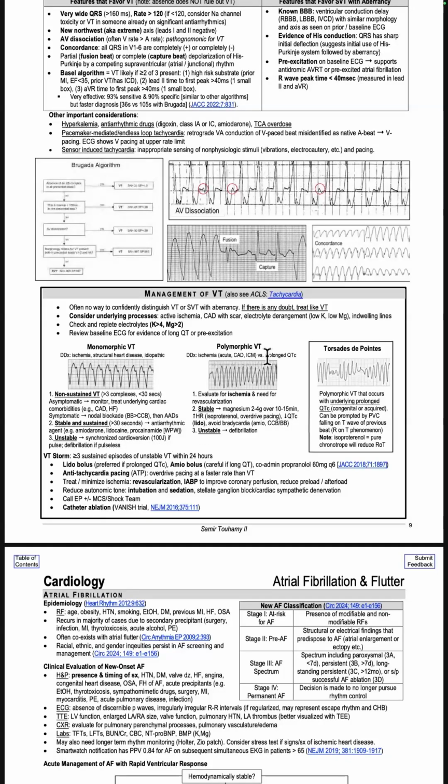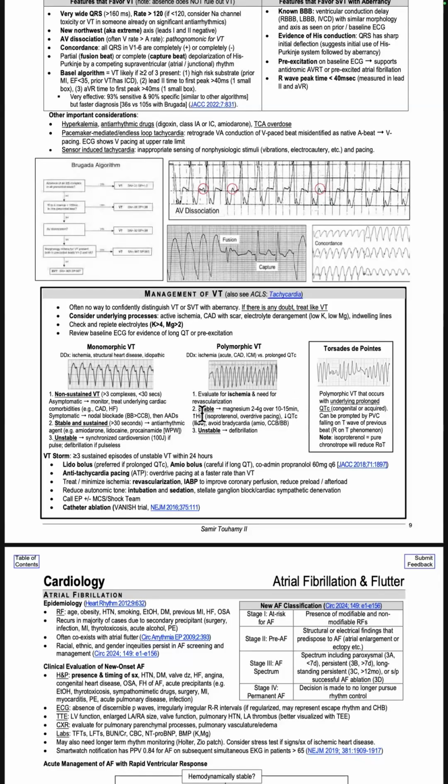For polymorphic VT, on your differential, you should be thinking about ischemia, either acute coronary artery disease or cardiomyopathy, or prolonged QT. So you want to evaluate for ischemia and need for revascularization. If they're unstable, you want to go straight to defibrillation. If they're stable, then you want to use magnesium 4 grams over 10 to 15 minutes.